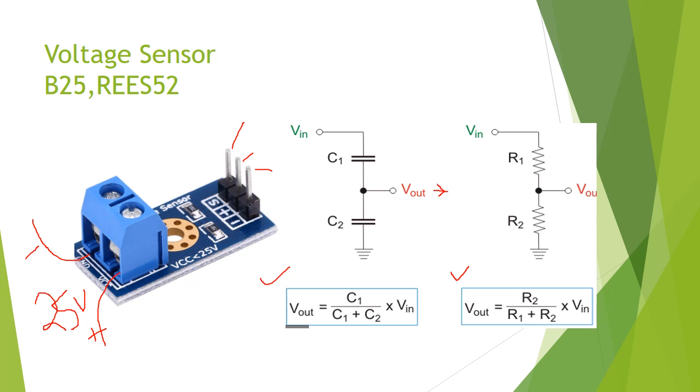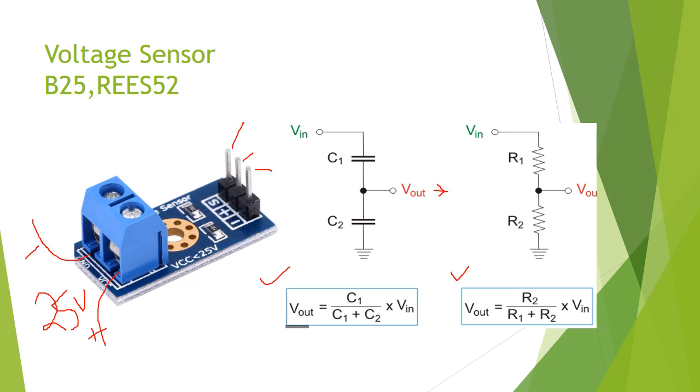You can use capacitance and also resistance. If you are using a capacitance for voltage division, it will be a capacitor voltage sensor. If you are using a resistance, it will be a resistive voltage sensor. So the basic thing is it works on the voltage division rule.